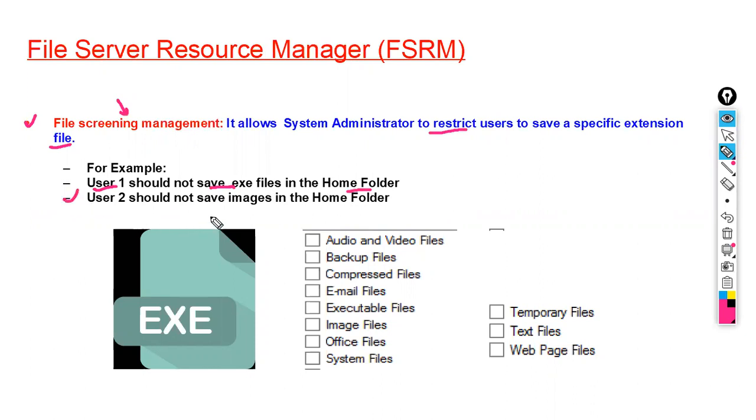User 2 should not save image files in the home folder. We can restrict users from saving a specific extension. We have many options like audio, video, backup files, compressed files, email files, executable files, image files, office files, etc.